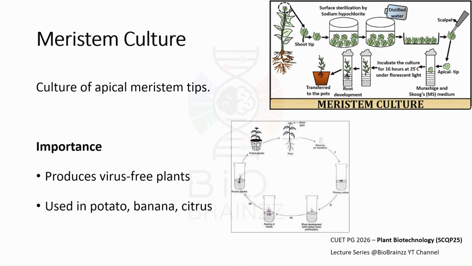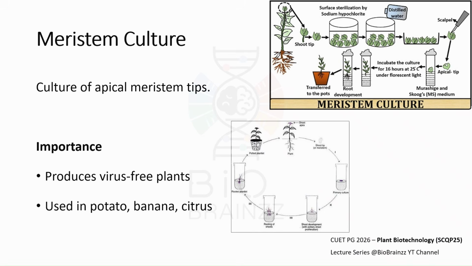Meristem culture involves isolating and culturing the apical meristem, the tiny region of actively dividing cells at the shoot tip. Viruses usually fail to invade these rapidly dividing cells, so meristem culture is extensively used to produce virus-free plants.